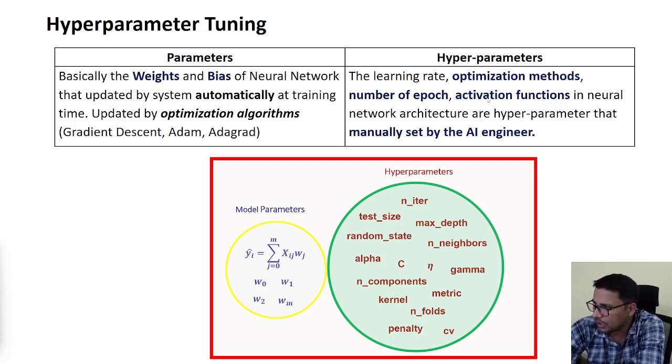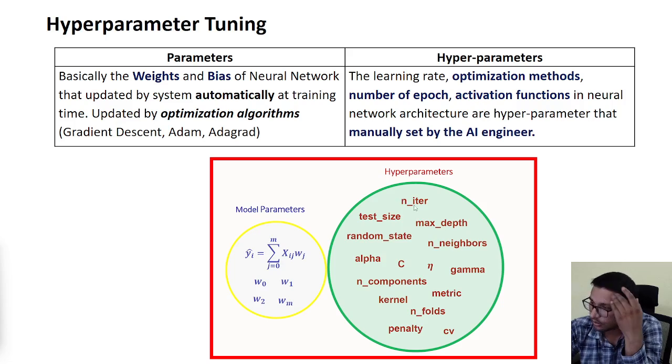And the hyperparameters are those items which are set manually by the AI engineer, okay? This could be the learning rate, optimization method, number of epochs, activation function, right? And then if we are using k-fold cross validation, what is the number k, like 5 or 10, okay? And then gamma, if we are using the ReLU activation function, what could be the value of the beta, right?